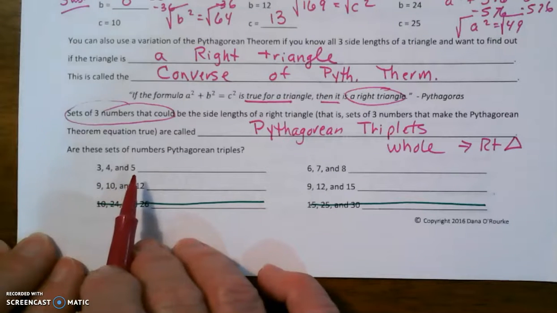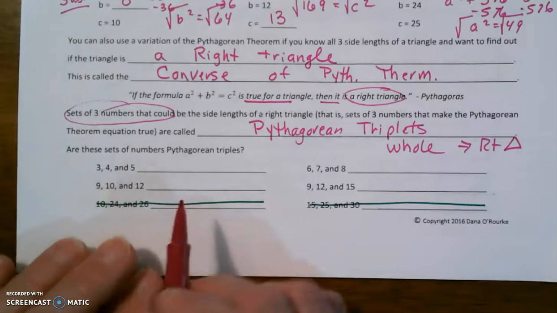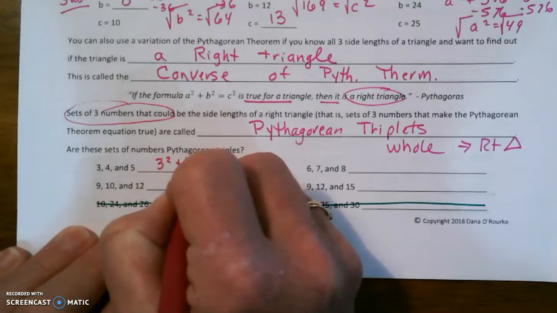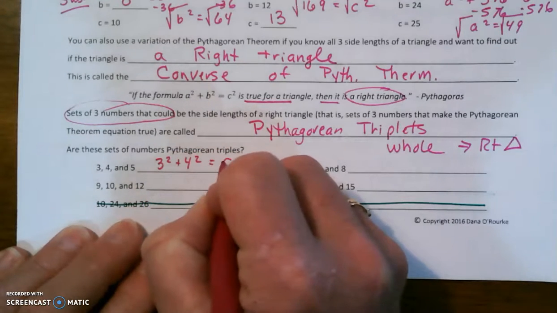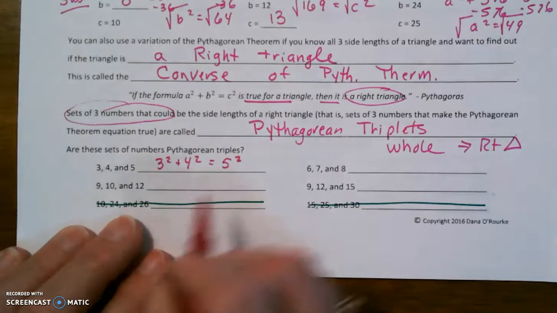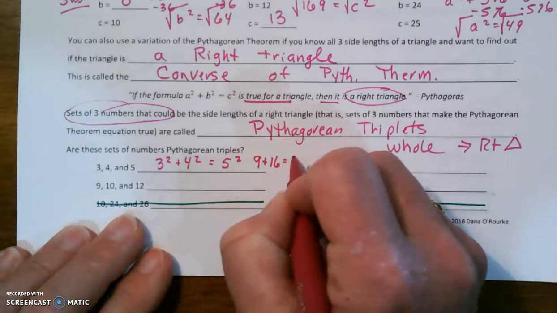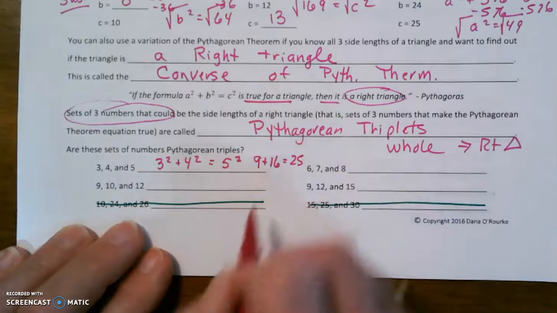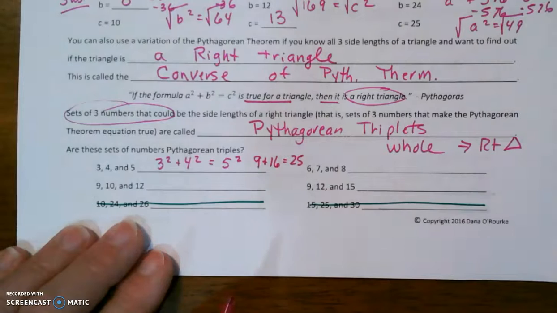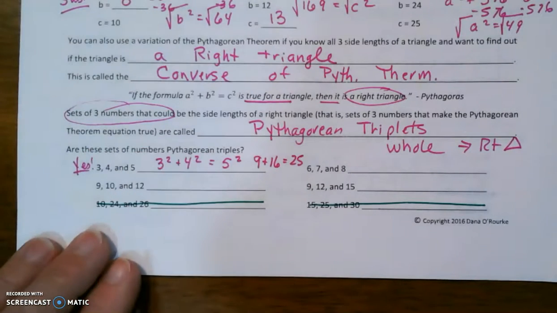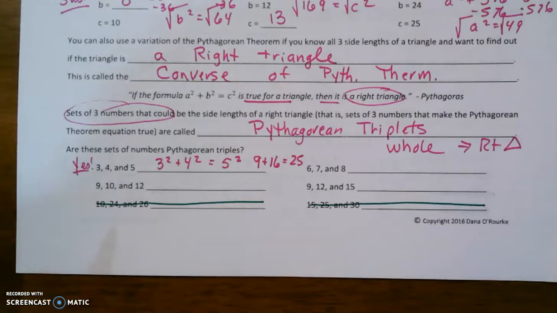This is the most famous Pythagorean triplet, and here's why it works. 3 squared plus 4 squared, does that equal 5 squared? Well, 3 squared is 9, 4 squared is 16, and 5 squared is 25. 9 plus 16 equals 25, so yes, that is a right triangle. And again, that's the most famous of all Pythagorean triplets.